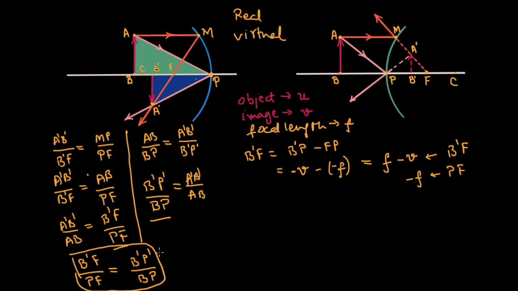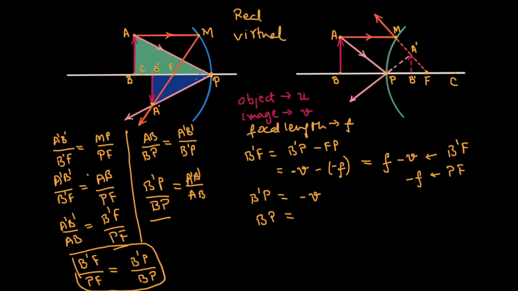Now, what is B prime P prime? It looks like there is no P prime. I made an error here. That's just B prime P. B prime P is the image distance, which is negative V. And what is BP?